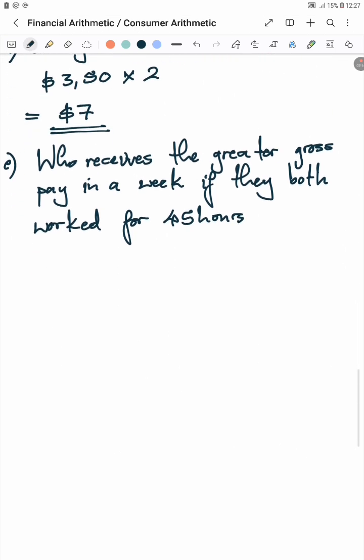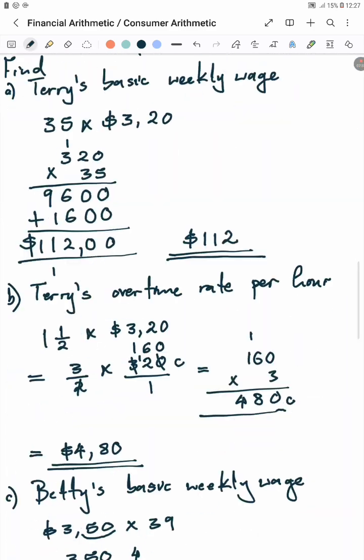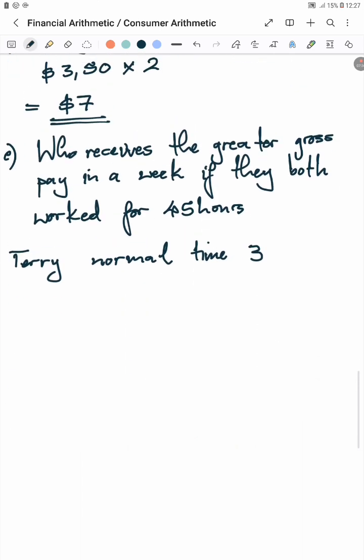So here we're going to look at Terry. Normal time for Terry is 35 hours, and overtime for Terry will be equal to 45 minus 35, and it's going to be 10 hours of overtime.